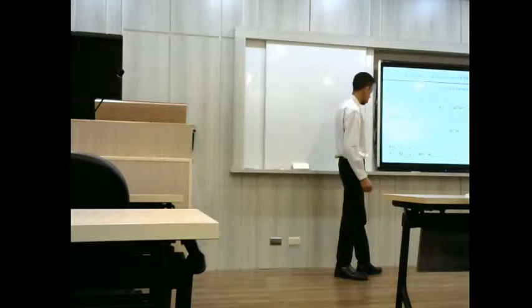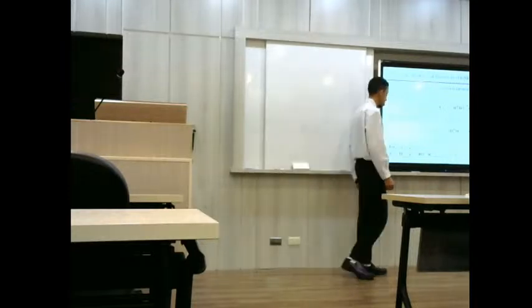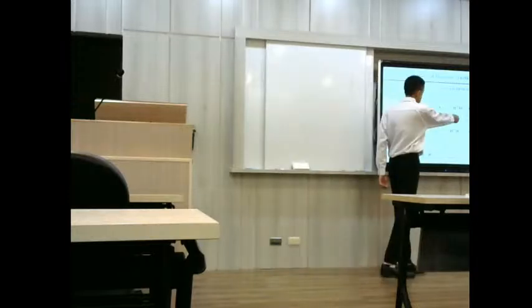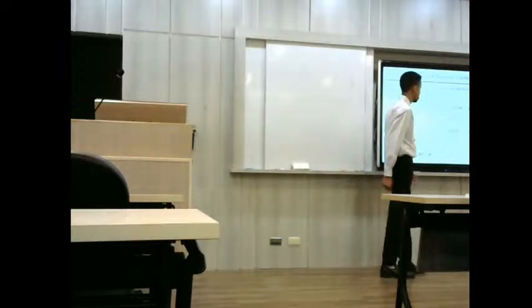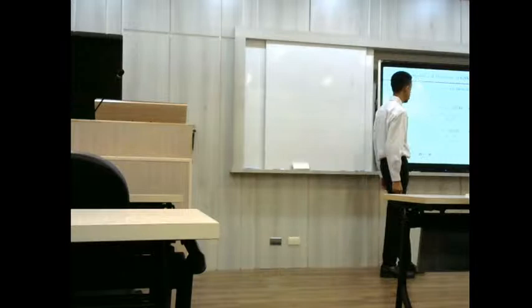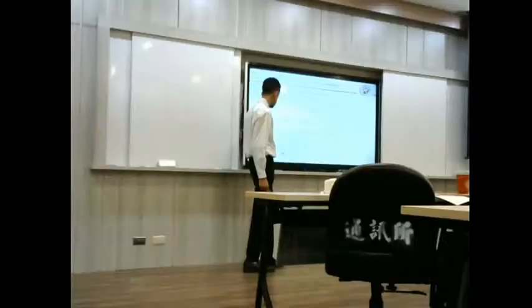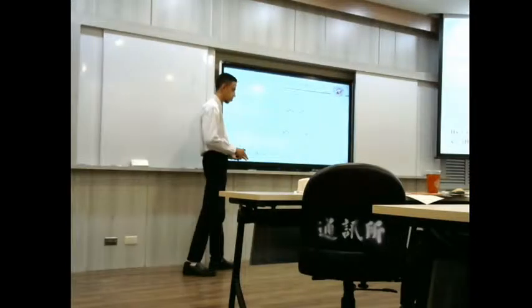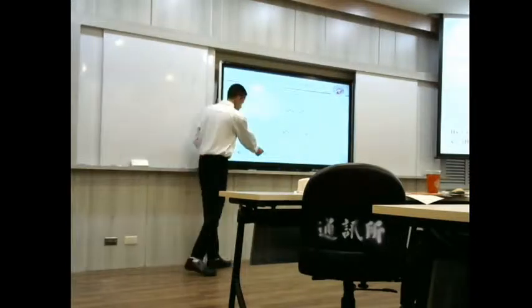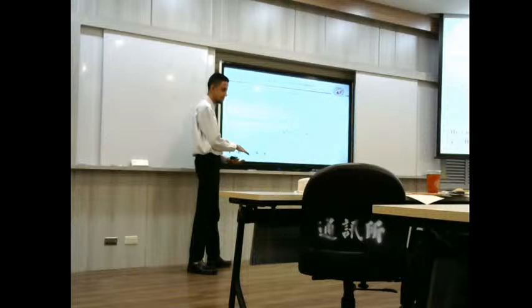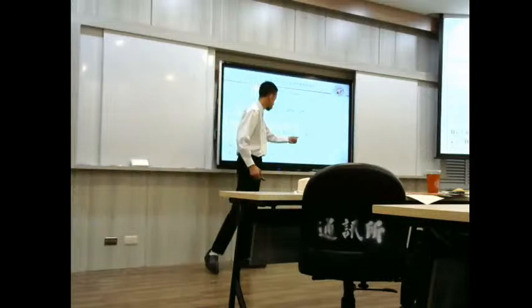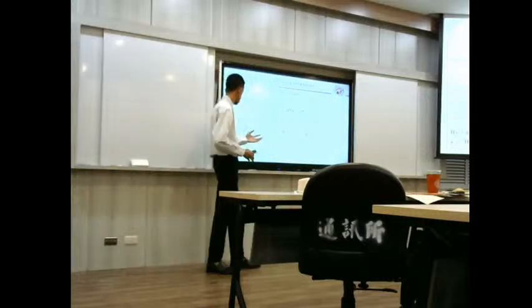For zero forcing, they have this inverse, so the inverse times y. But because there is noise, if the value is close to zero, the noise term will increase. So to overcome that, minimum mean square error includes the noise power term. So this estimation is theoretically better.